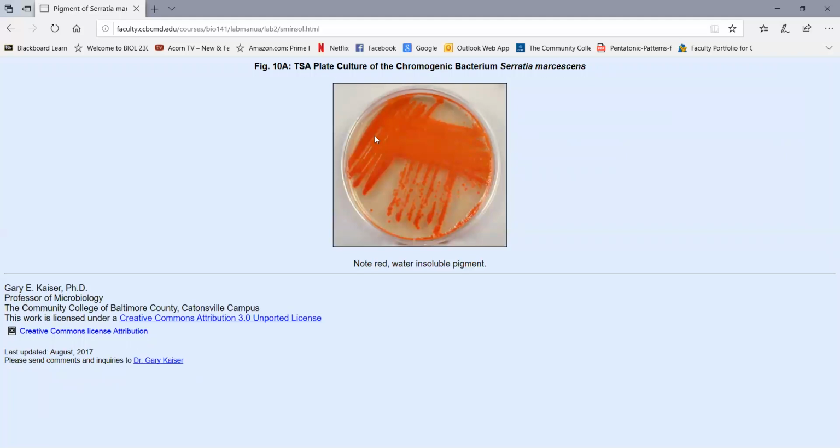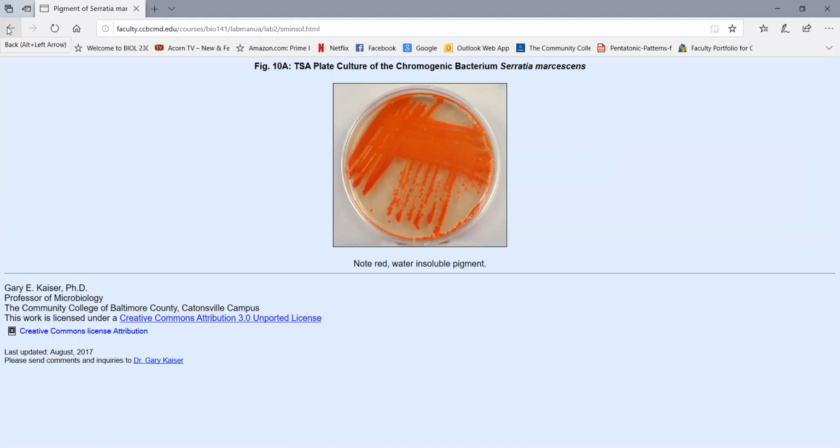So notice the pigment is staying inside the bacterial growth. When we see single colonies, we see the colonies are pigmented, but the agar itself hasn't become pigmented. It doesn't pick up any color. So the pigment stays inside the bacteria, it doesn't diffuse out into the agar. So that's water insoluble.